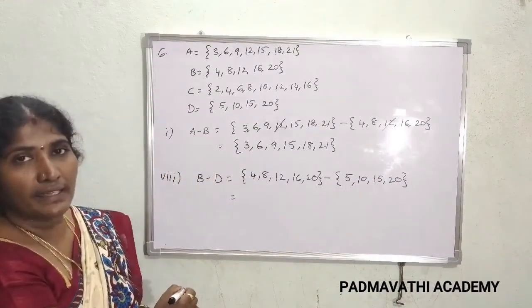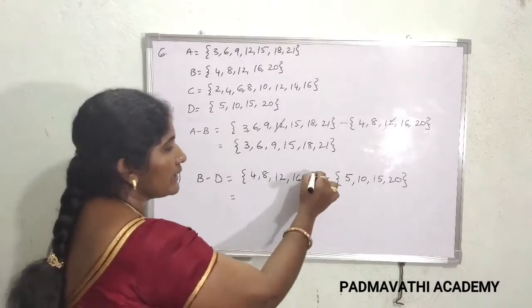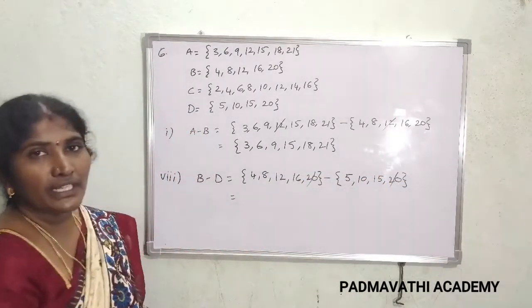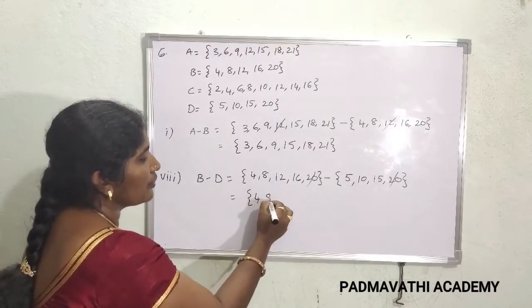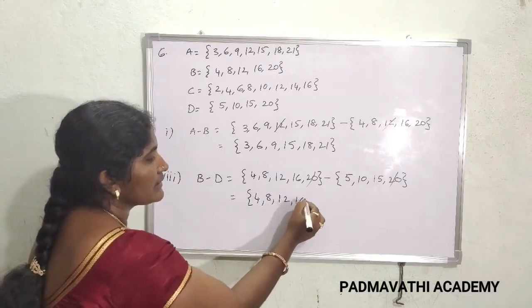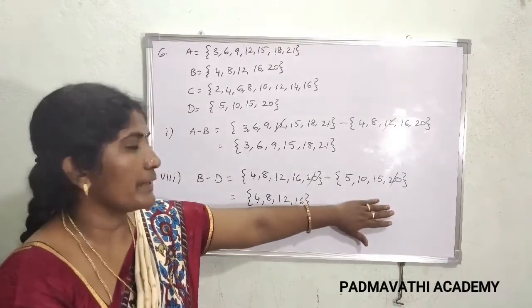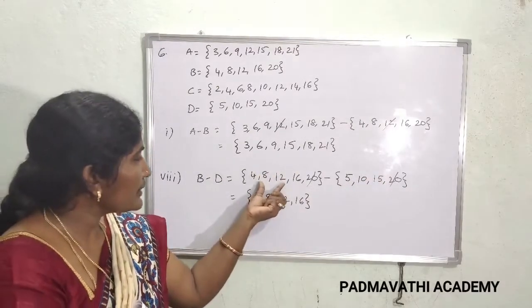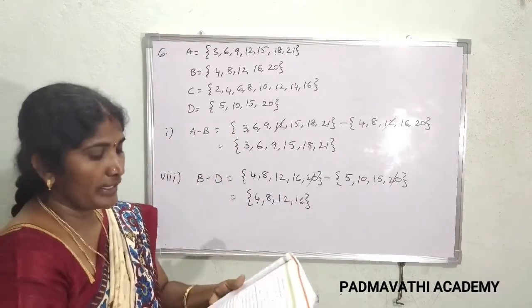Once again, the same process. First cancel common elements. Here clearly in the two sets, 20 is the only common element. The remaining elements in the first set are 4, 8, 12, 16. That's it. We don't want to copy the remaining elements of the second set. Leave them. Just write the first set only. That's it. Like this you can solve the remaining sums.